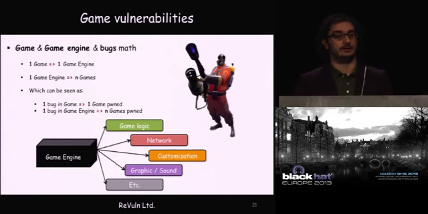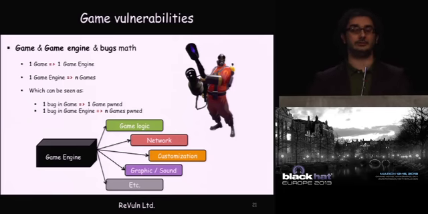In order to understand the value of the vulnerabilities that you may find inside games, it's interesting to understand the concept of a game engine. A game engine is basically a piece of software that provides several functionalities to a game. Basically, think about the game graphics, the sounds, the network interaction, and stuff like that. And the most interesting point here is that usually a game engine is shared among different games.